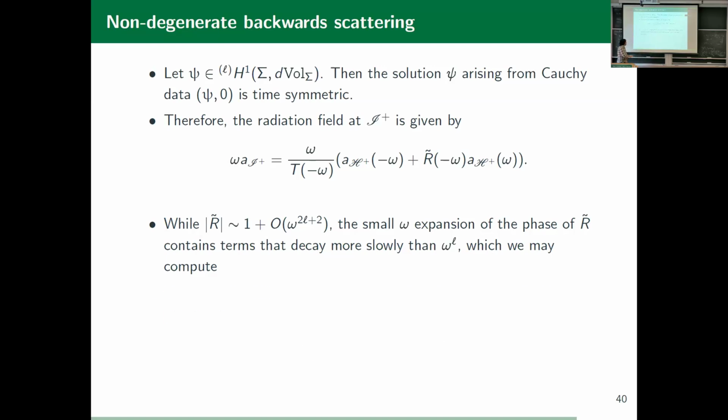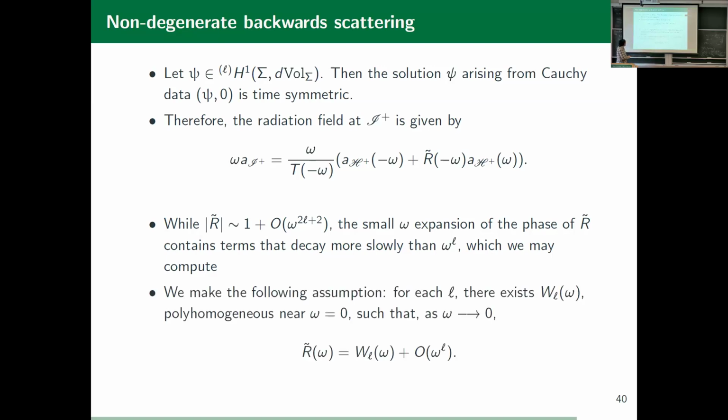And so the idea is to first make this assumption, which is that I can always decompose R tilde omega and L into two functions. So there's omega L of omega, which contains all the lower order components of the phase. And then whatever remains is a correction that does not pose an obstruction.